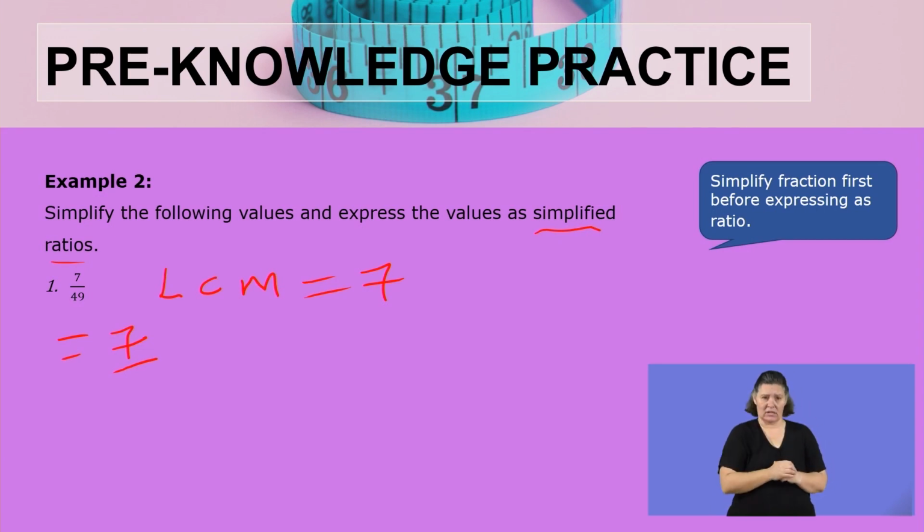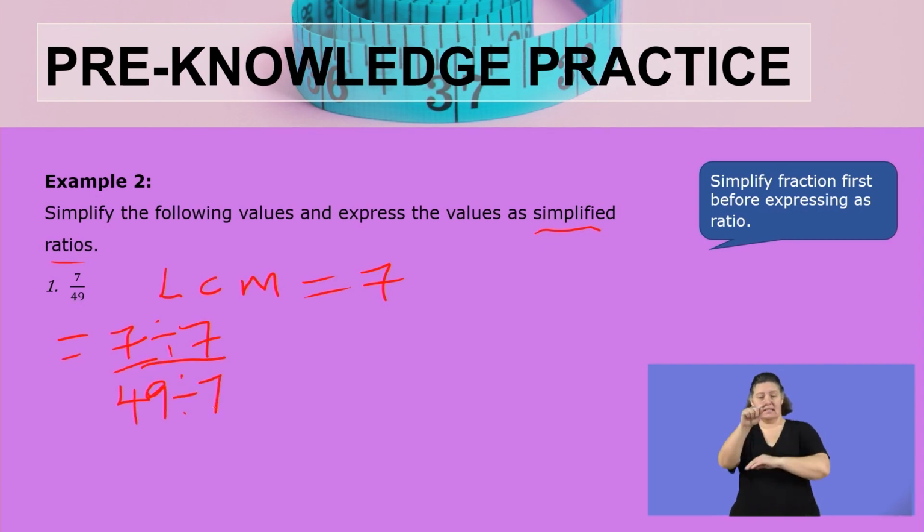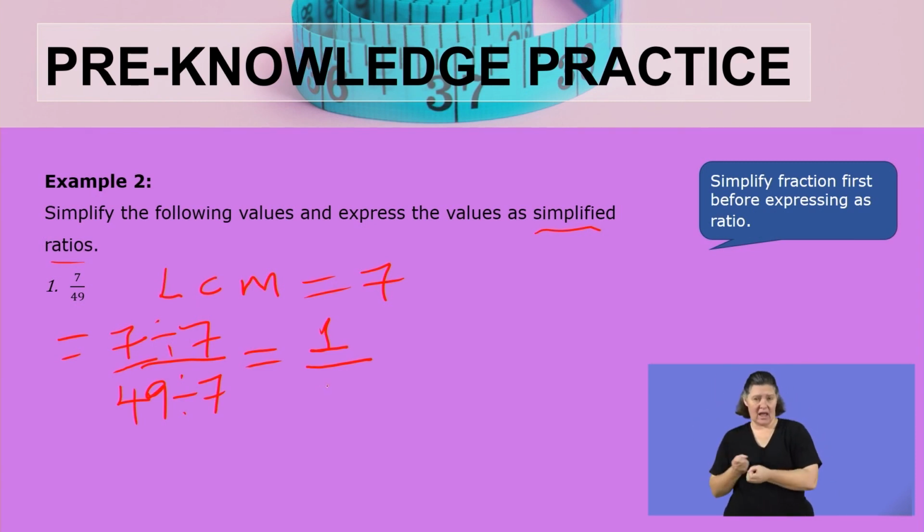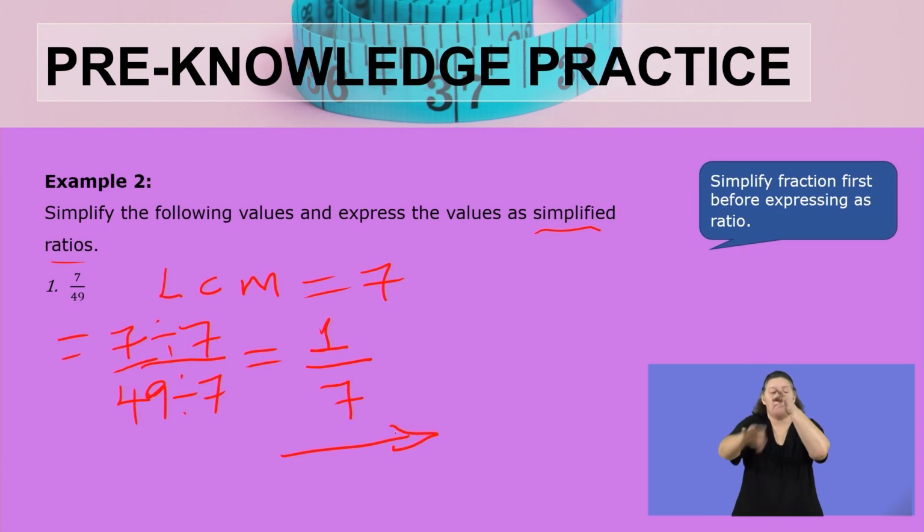Press your calculator with me. 49 divided by 7, the answer is 7. Therefore, the numerator will be 1 because 7 divided by 7 is 1, and 49 divided by 7 is 7. Therefore, as a simplified fraction, it is 1 over 7.